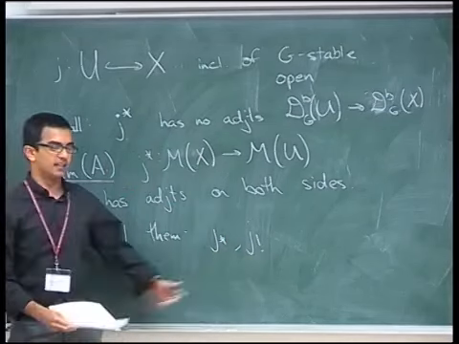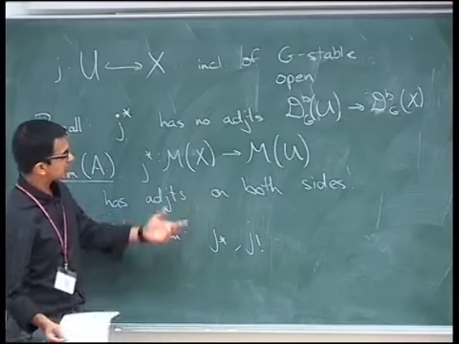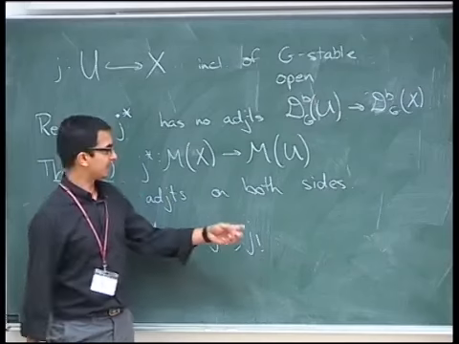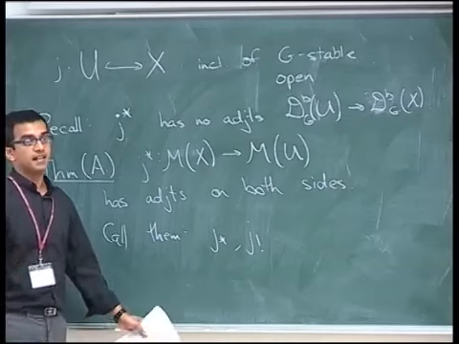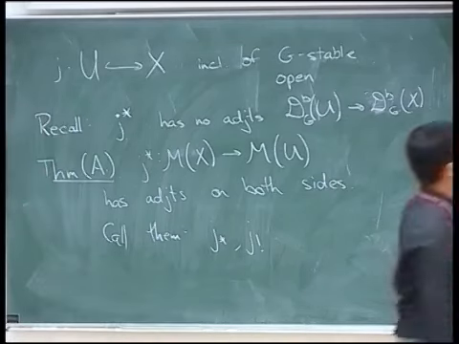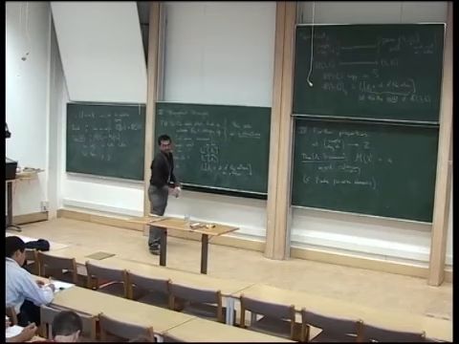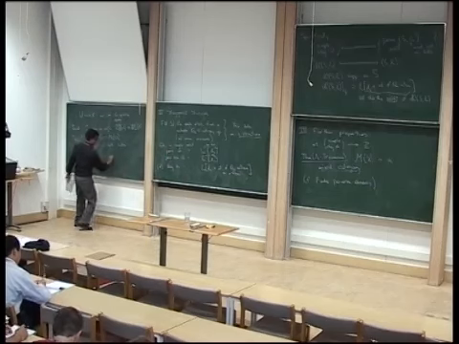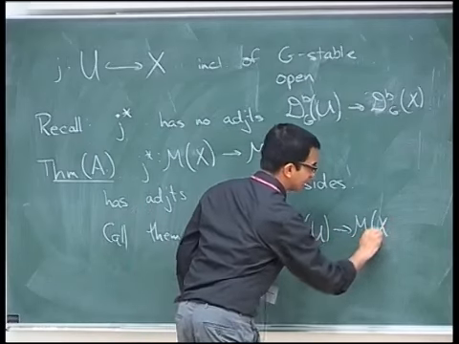But these are not the usual push forward or extension by zero of sheaves. I mean, in particular, the object you get by the adjoint functor, which I'm going to call J lower shriek, certainly does have non-zero stalks on the boundary. And these are functors that go from staggered sheaves on U to staggered sheaves on X.